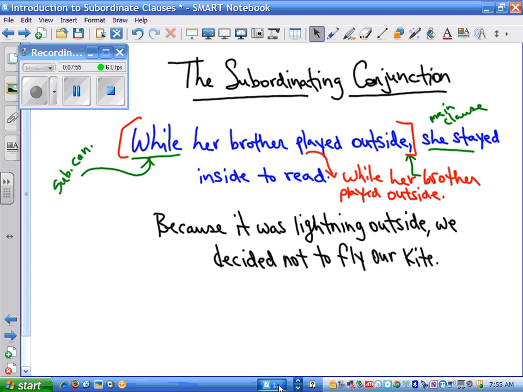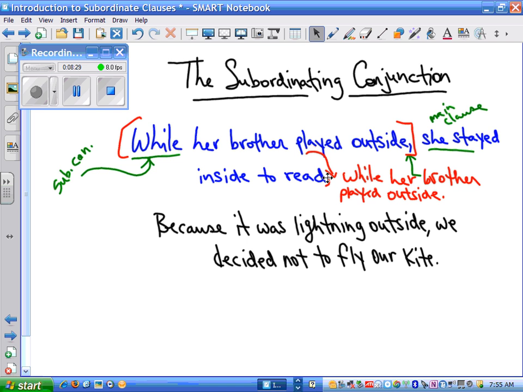While her brother played outside, she stayed inside to read. Let's shift that clause to the end of the sentence. She stayed inside to read while her brother played outside. Now, if I move that clause to the end of the sentence, I'm going to put a comma there. So at the end of the main clause, I'll have that comma. She stayed inside to read, comma, while her brother played outside.